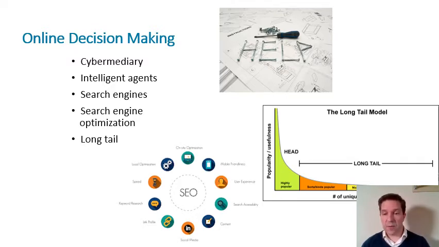And with that information, the cybermediary goes out into the different insurance companies and pulls all the information and gives you quotes so that you don't have to go to Progressive and to State Farm and fill out all the forms. You fill out the forms one time, and this essentially enables you to do a more efficient search, in this case for insurance, but this can be used for other products as well.